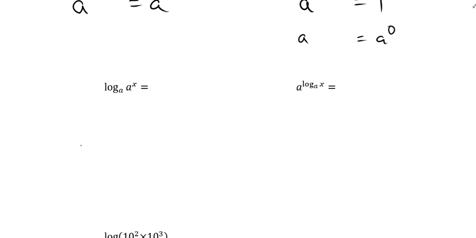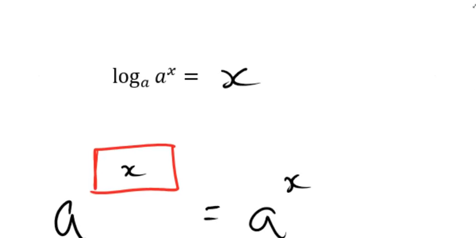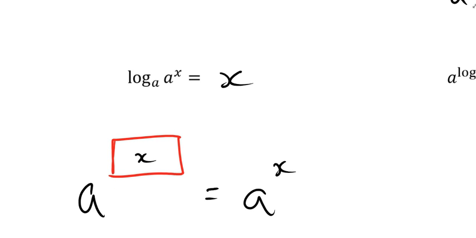So let's rewrite it. A to what exponent equals a to the x? So it's x. But again, if we get rid of all the bottom stuff and we just look at that line, log base a of a to the x equals x.